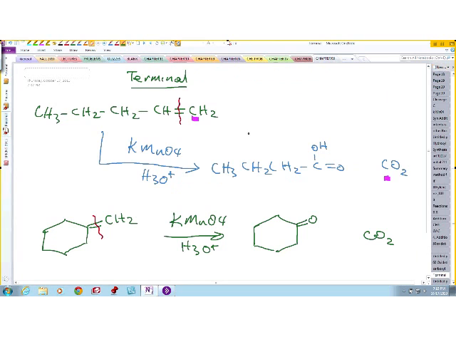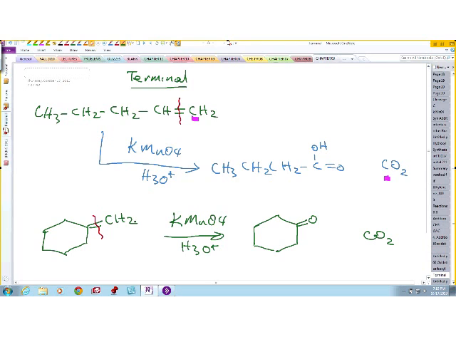Go back. Say that again. This here? Yes, it's part of the product. This carbon here becomes carbon dioxide because it's at the end of the chain. What if there was more than one carbon, like CH2?